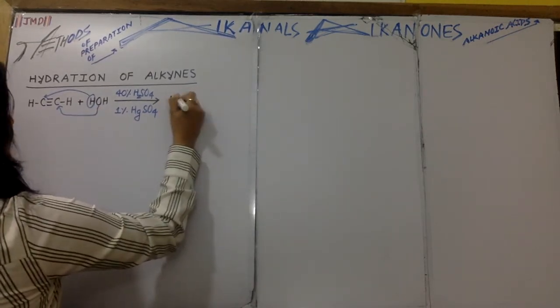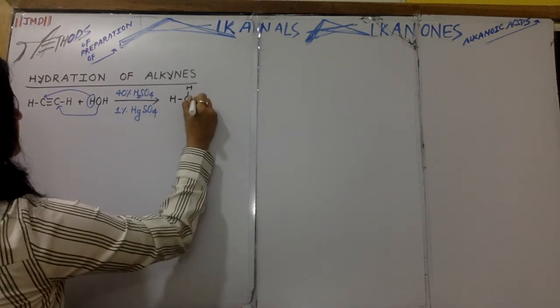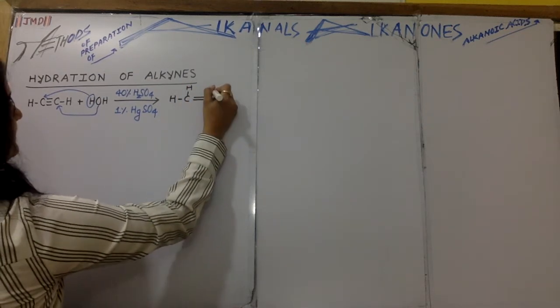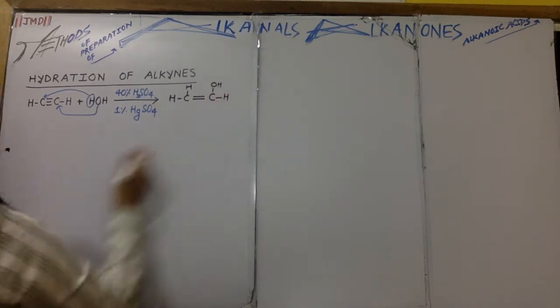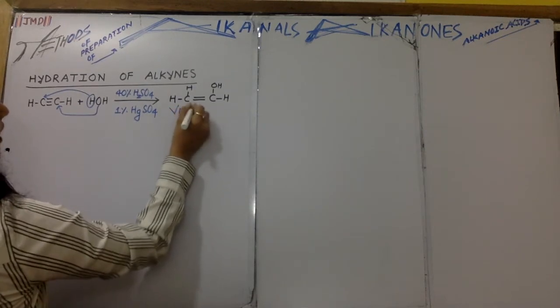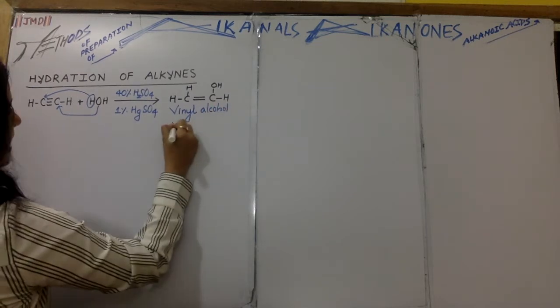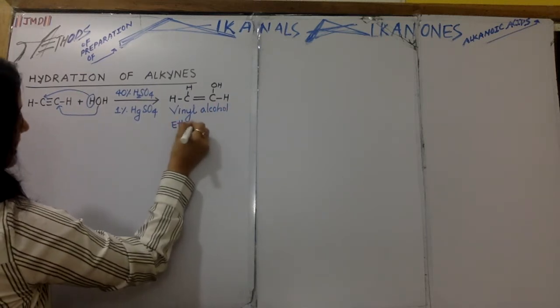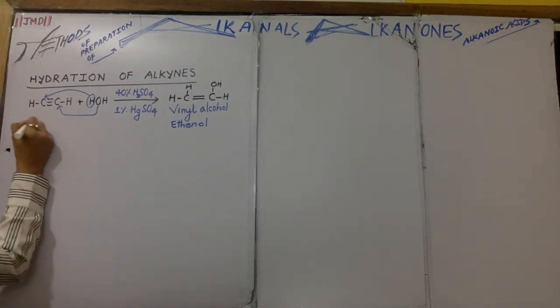We get H, C, and H here. The triple bond becomes a double bond, with an OH and an H. This is vinyl alcohol, also called ethenol. And this is ethyne.